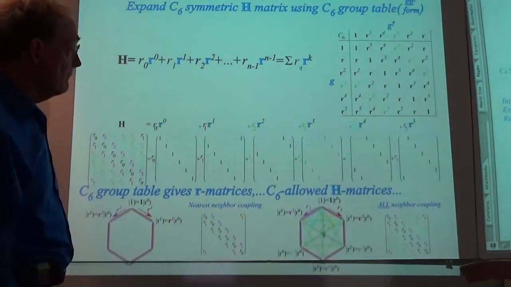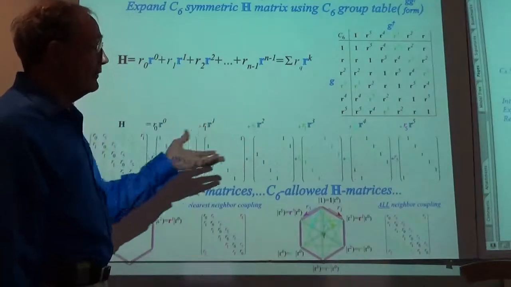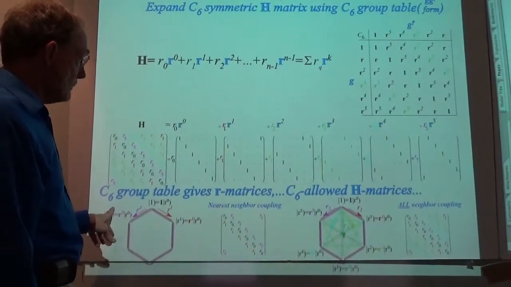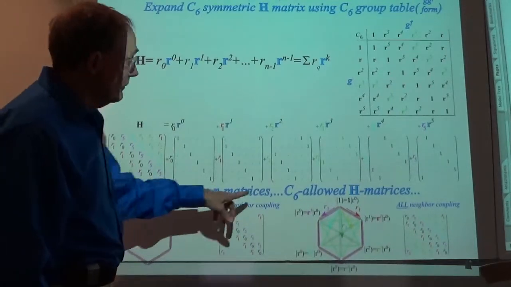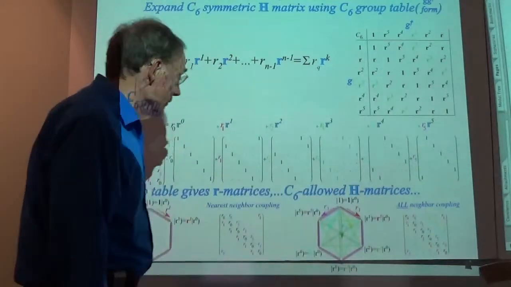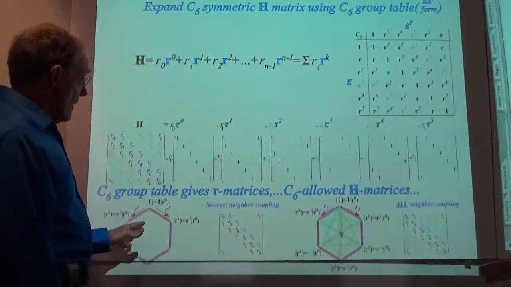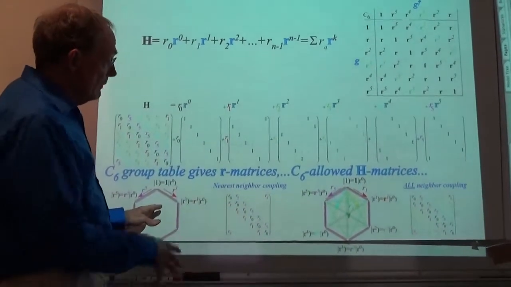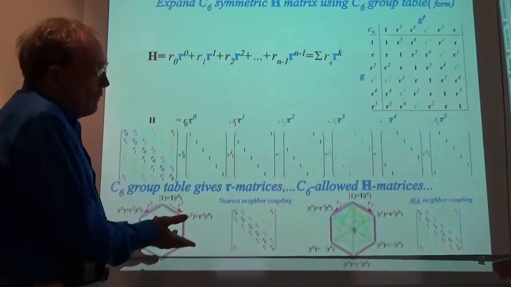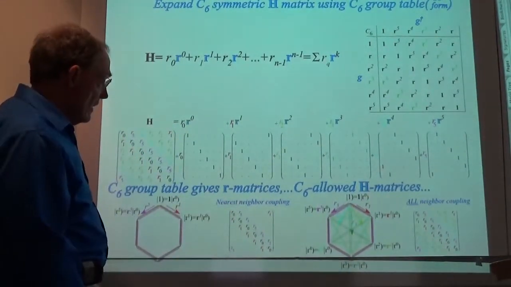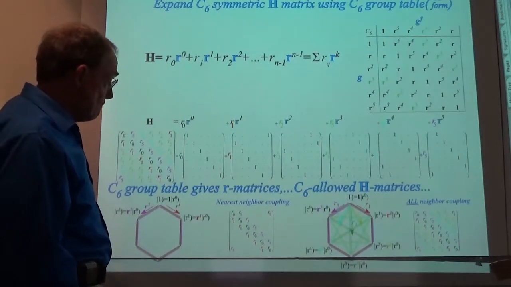Okay, so this is the basic mathematics of this thing. We're getting a group table giving us all the C6 allowed Hamiltonians, and each of those parameters determines a tunneling path, if this were a quantum Hamiltonian, or some kind of spring or coupling connection if it's a classical problem.